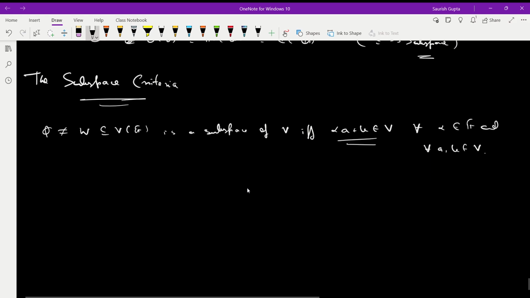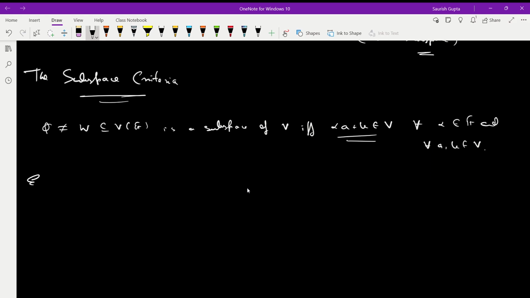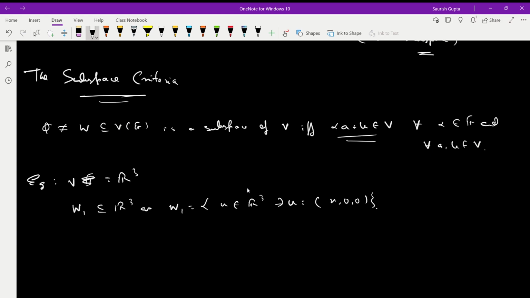Let me just go through an example. Suppose you have V equals R3, you consider this non-empty set R3, and you consider the subset W1 of R3, where W1 is the collection of the elements U in R3 such that U is the 3-tuple of the form X00, right?